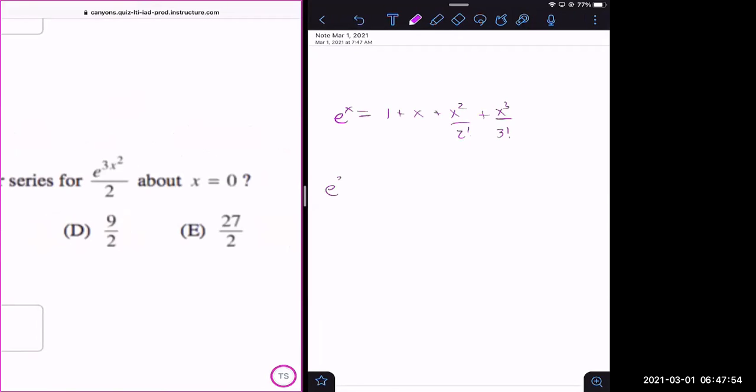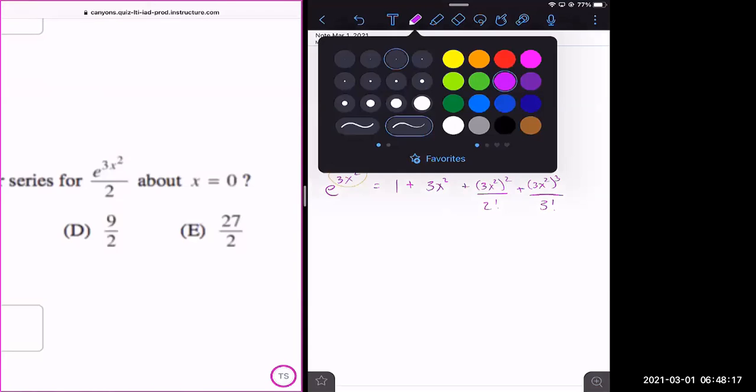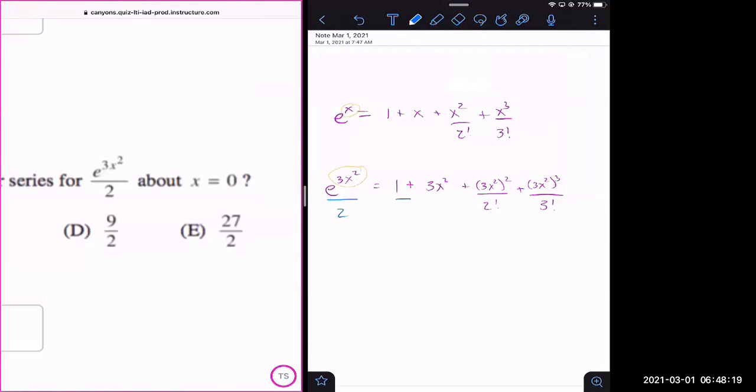And then I would do e to the 3x squared, so I'm going to substitute 3x squared everywhere there's an x. I just need the x to the sixth term, but I'll keep going. So 3x squared over 2 factorial, 3x squared cubed over 3 factorial. Again, those parentheses are important. Then we have to divide everything by 2, so every one of these terms gets divided by 2, which is really just putting an extra 2 in the bottom. So the x to the sixth term would be right here.